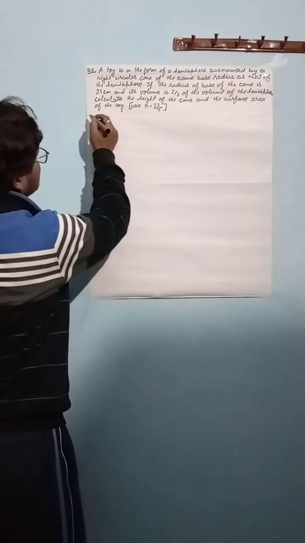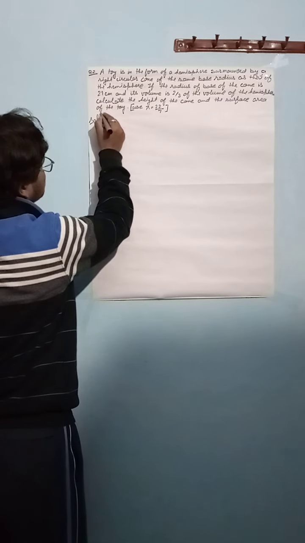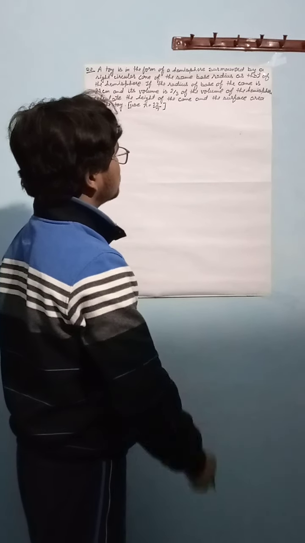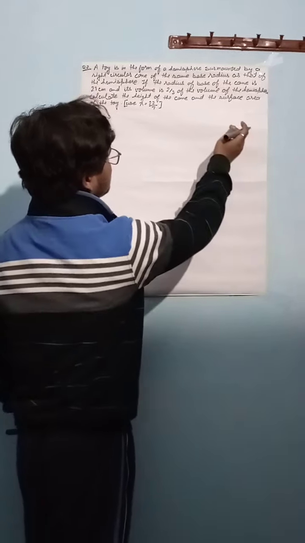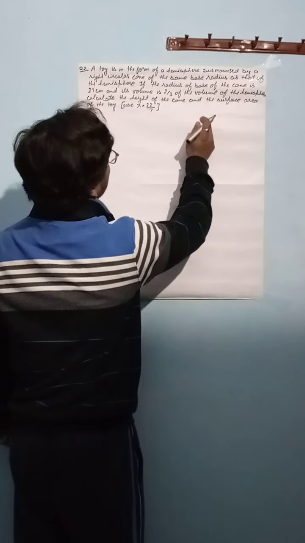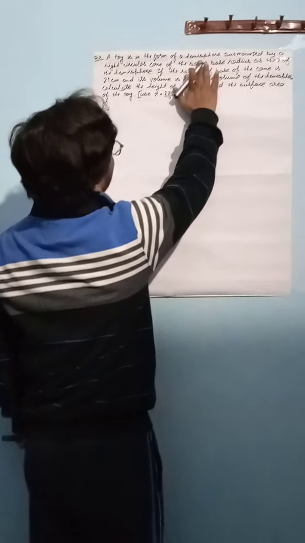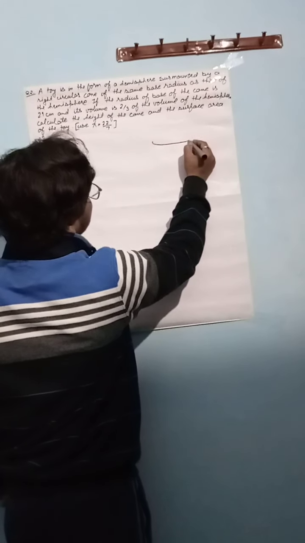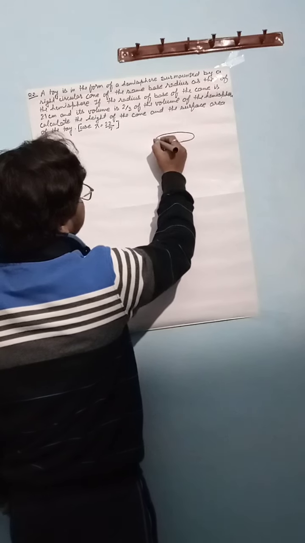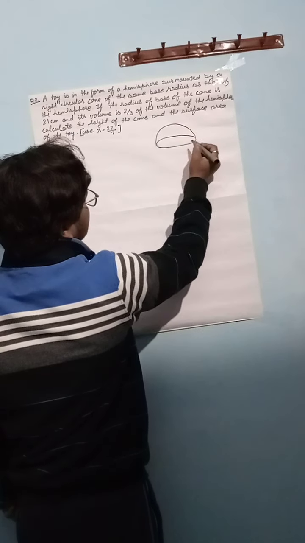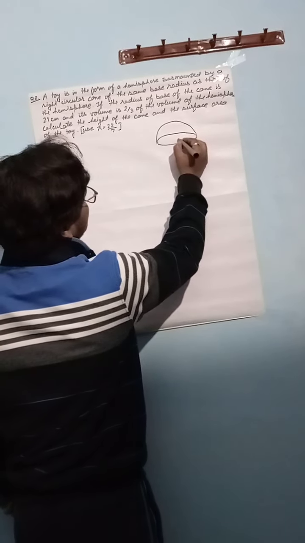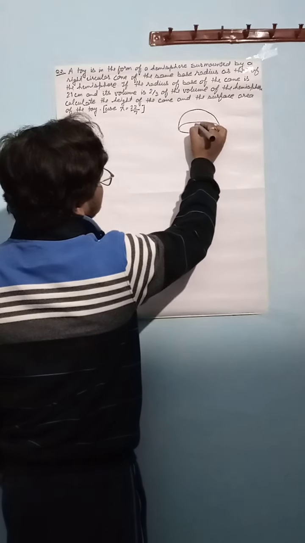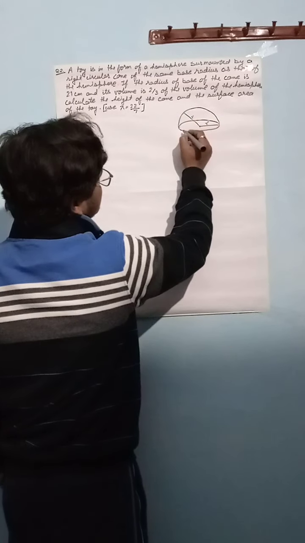Now let's start the solution by drawing the figure. First, we will draw a hemisphere having a radius r.